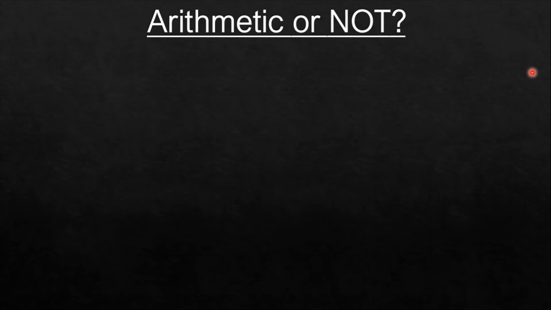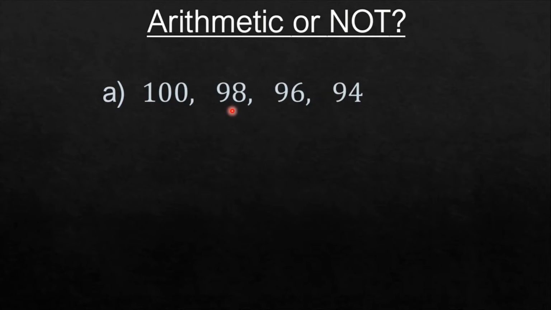This time, check natin if the given sequence is arithmetic or not. If it is an arithmetic sequence, let us identify the common difference and the next two terms. 100, 98, 96, 94. Tingnan natin yung differences ng mga terms at if may common difference siya.